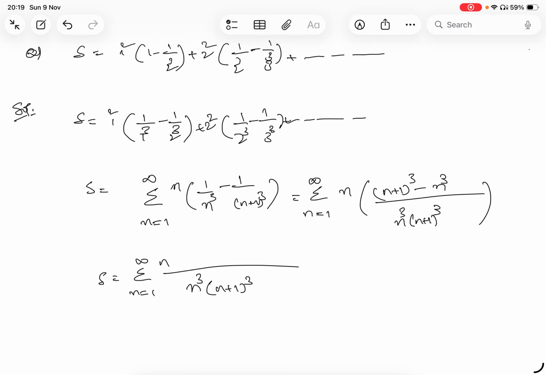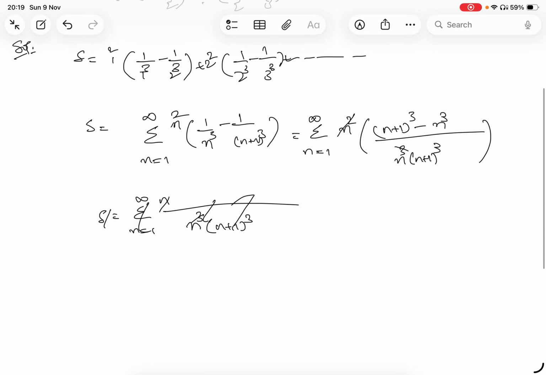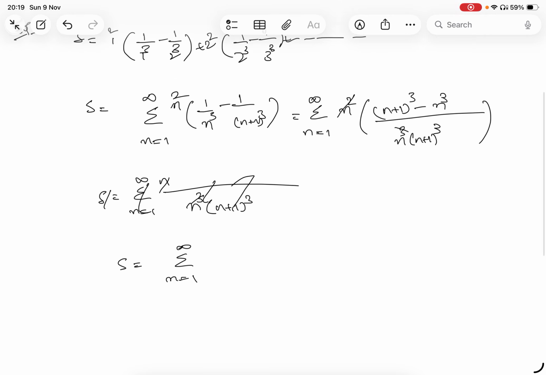Sorry, this is n square. As you can see, the first term, this is n square. This will get cancelled and you are left with n. So let's write it down again. Then you are left with summation n equal to 1 to infinity, right? Denominator is n into n plus 1 whole cube.